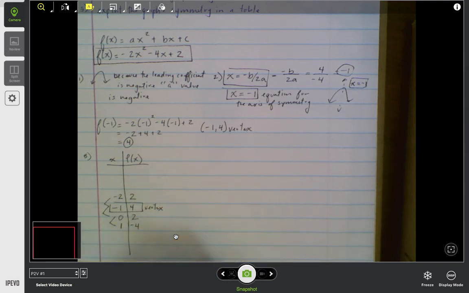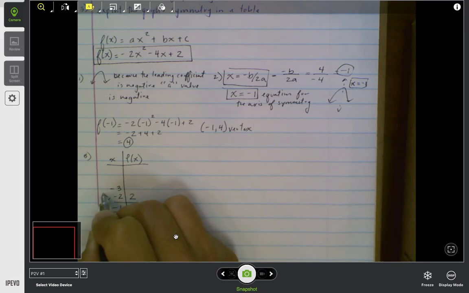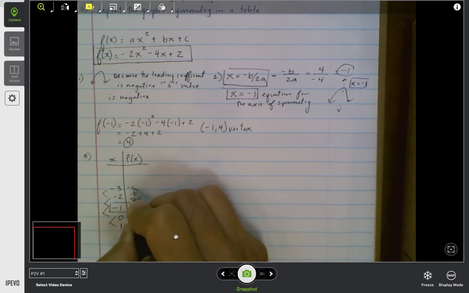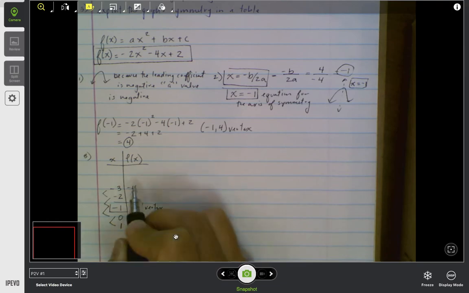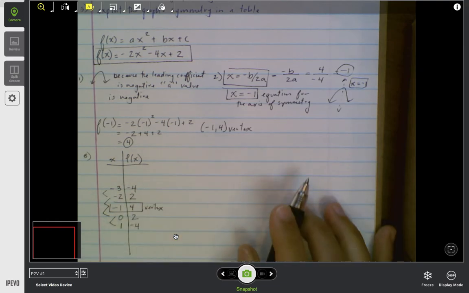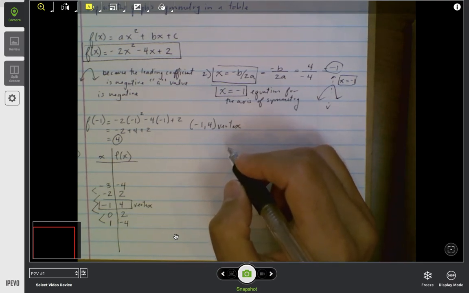When I moved an additional space away, I got an output of -4. Well, an additional space away here is -3. And so for -3, I should also be getting -4. What I have done is exploit the symmetry. I have decided that what is happening on this side with respect to outputs is happening on this side as well. So with this table of data, I might be able to get a good graph going.